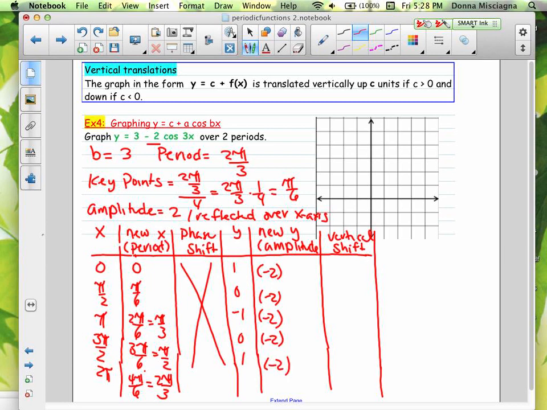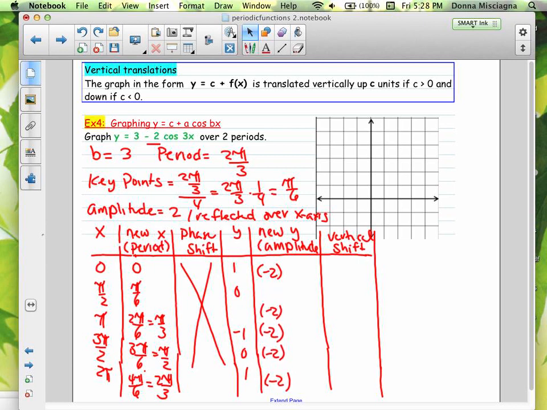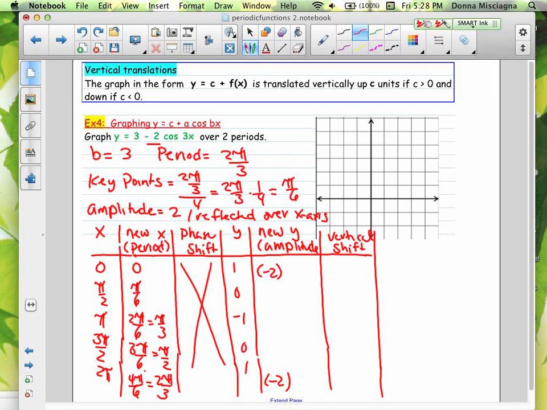I'm not missing anybody, but we're a little smooshed here because I moved things down a little bit. Of course, they have to all stay together. I'm just going to rewrite that so these are not so smooshed together, so that we can read across when we're going to graph.